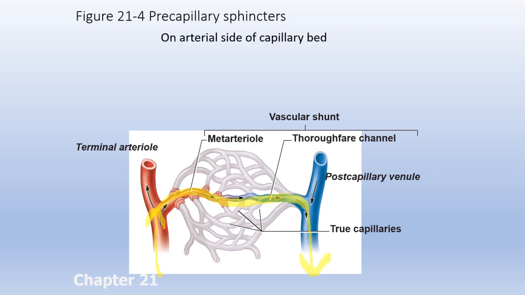Now, you can see here that these precapillary sphincters, which are just these little bits of smooth muscle, are only on the arterial side of the bed. And these precapillary sphincters in this picture are closed. And that's why, look at the capillary bed. It's not full of blood.